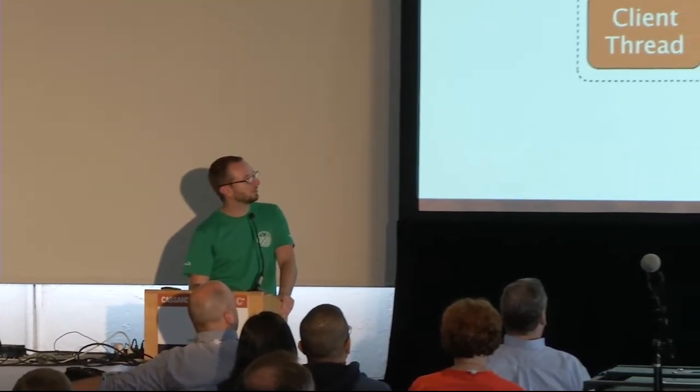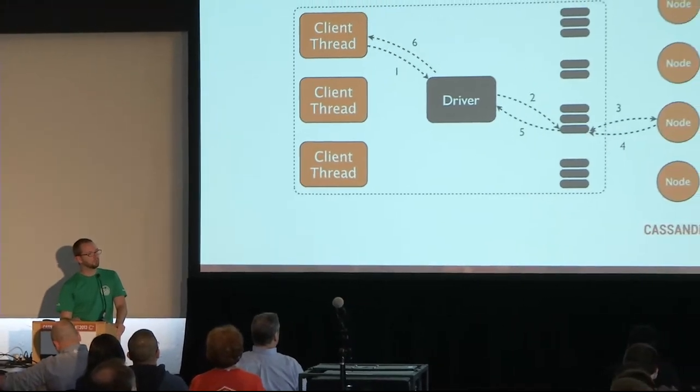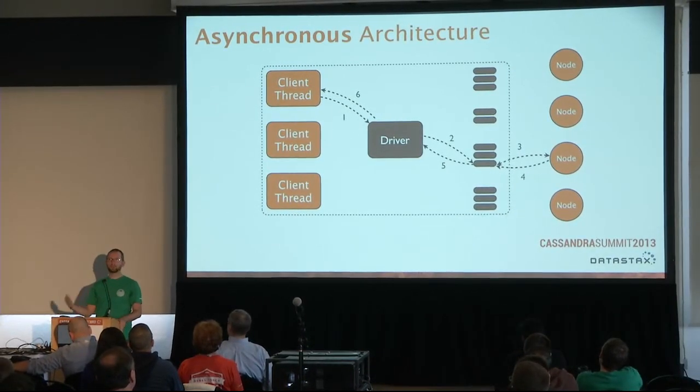So to have a look at what actually happens, let's look at the whole read and write path for a single query that a client thread, for instance, will try to push on a node. A client thread issues a request and pushes it against the driver.